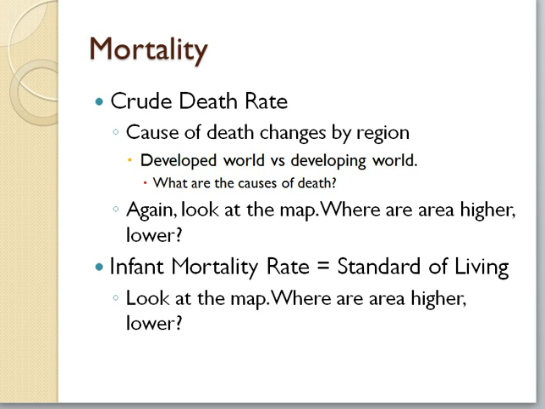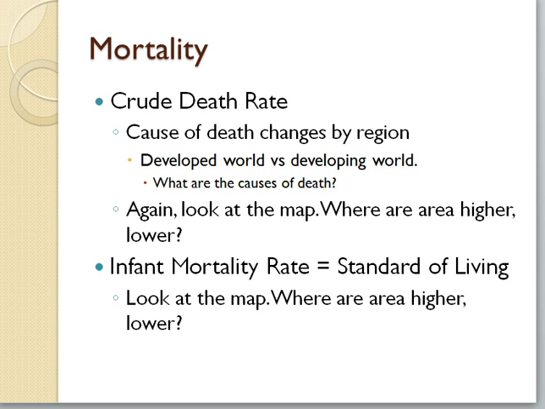When we look at mortality, we can look at crude death rate, and the crude death rate is how many people die per 1,000, and we begin to see a difference in death rate causes between the developed and the developing world. In the developing world, death rates are a result of infectious diseases, nutritional problems, and sanitation.